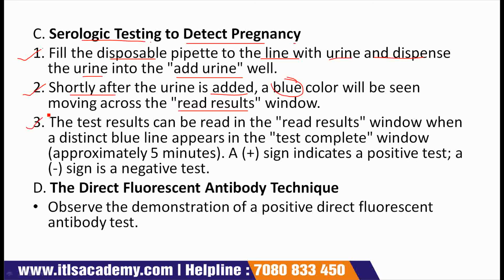Third point, the test results can be read in the read results window when a distinct blue line appears in the test complete window, approximately 5 minutes. A plus sign indicates a positive test. A minus sign is a negative test.